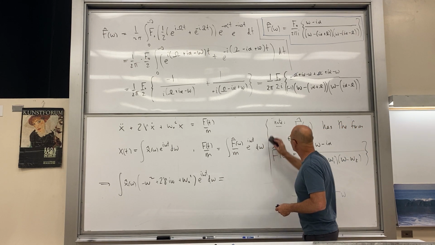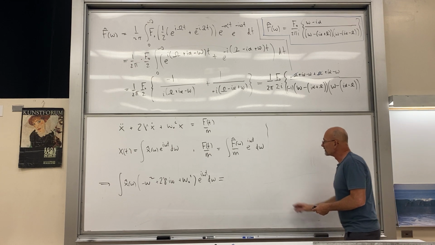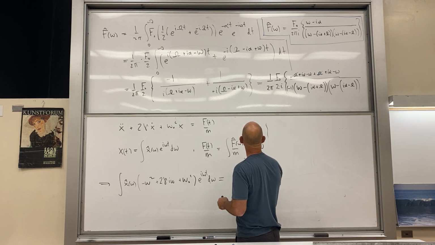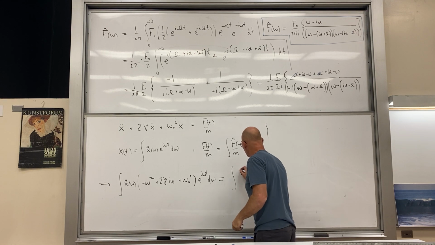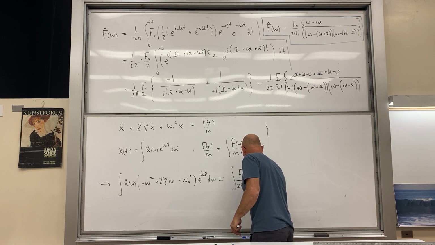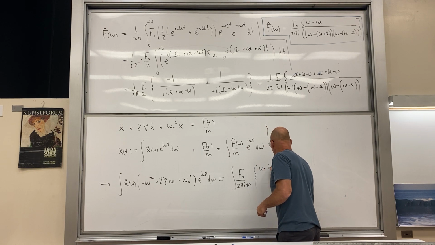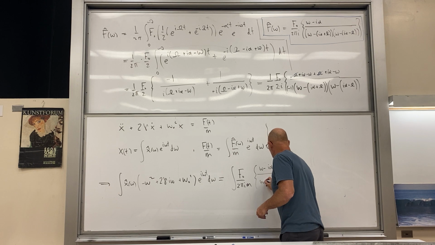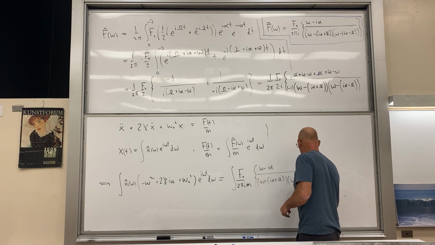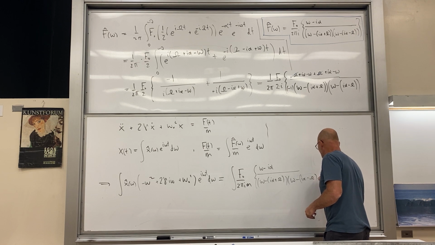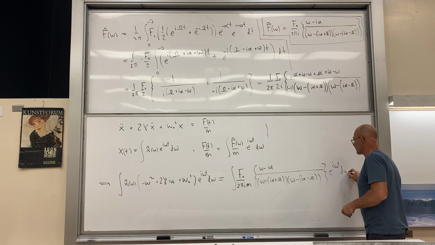I have that up on the board so I can erase this now. So equals f hat of omega over m, etc. So this integral here, we're going to go ahead and write in f hat of omega, so we'll have f naught over 2 pi i times m, times omega minus i alpha, omega minus i alpha plus omega, omega minus i alpha minus omega, e to the i omega t d omega.